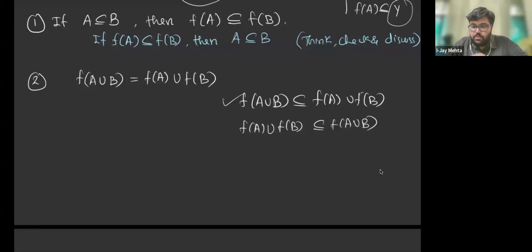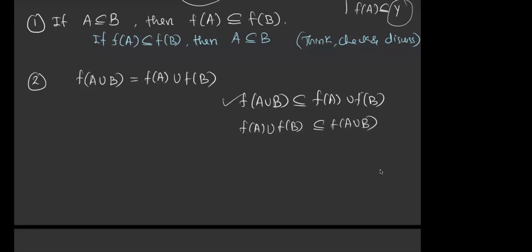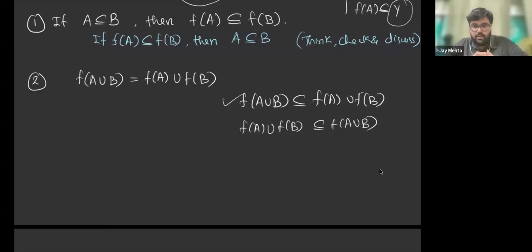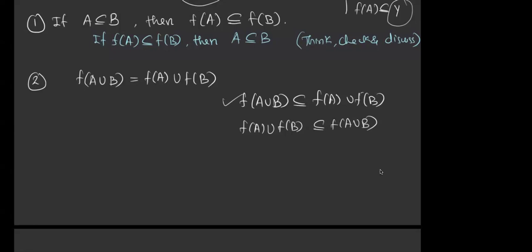Swati, room number 4. So we will take an arbitrary element y such that y belongs to f(A) union f(B). So y belongs to f(A) or y belongs to f(B).